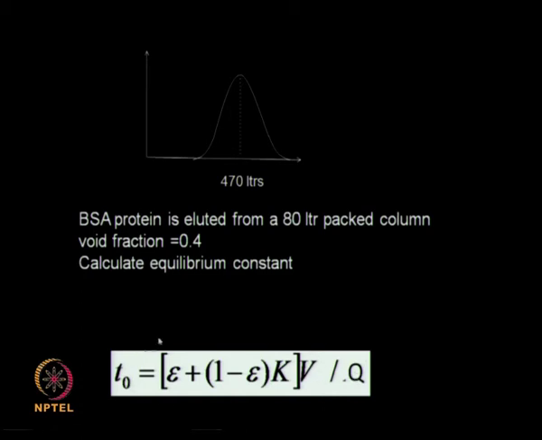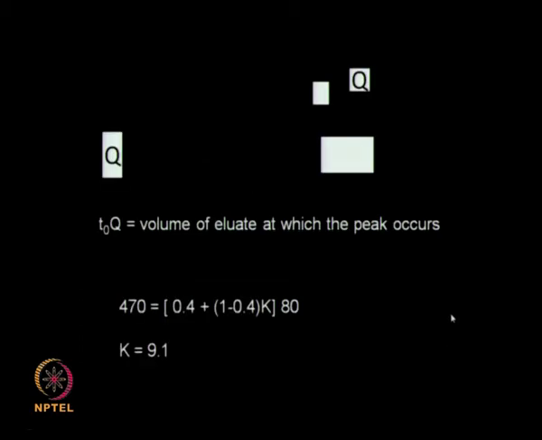So T naught into Q will give you the retention volume, which is 470, and 0.4 is the epsilon, 80 is the volume of the column. So all you need to do is calculate K, the equilibrium constant. So it is very straightforward.